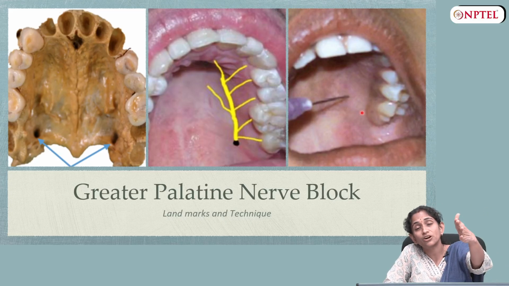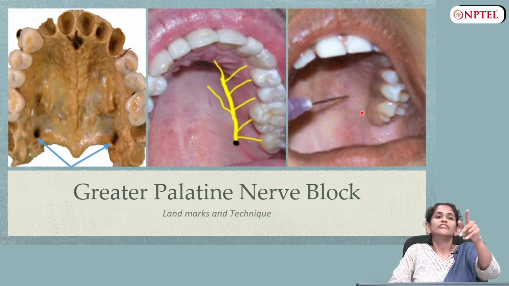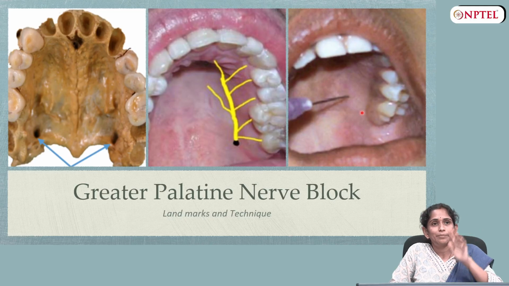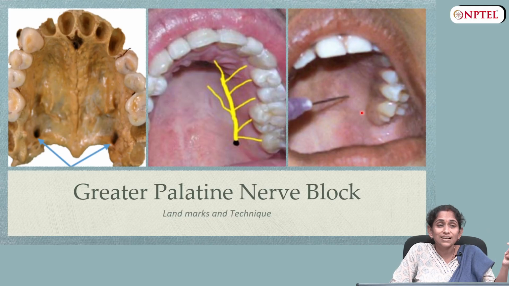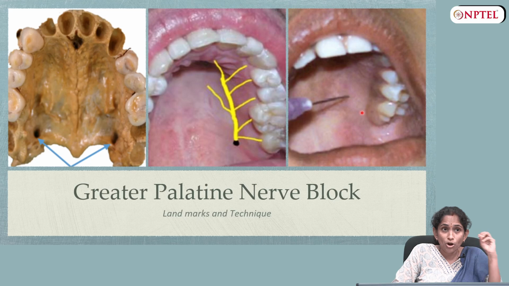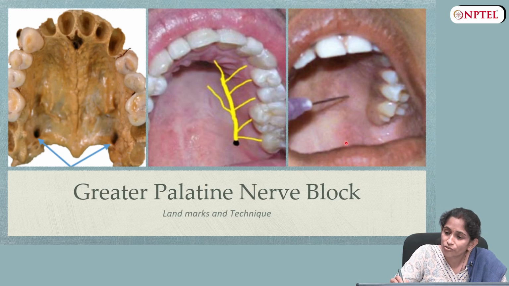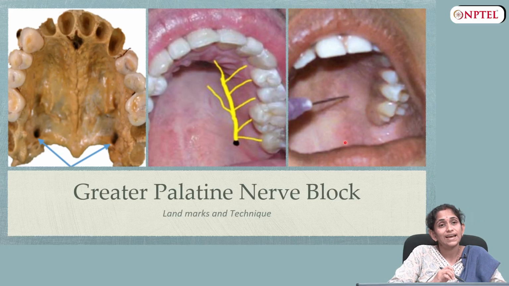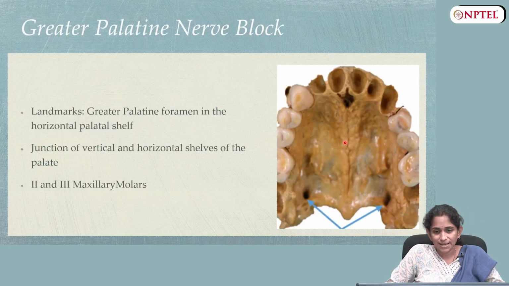That is why the patient does not feel extreme degrees of pain when we are trying to apply the greater palatine block. Once you have administered the block, it starts acting very fast because of the proximity of deposition to the nerve, and we can see that the whole of the palatal mucosa of one side gets anesthetized with this technique.